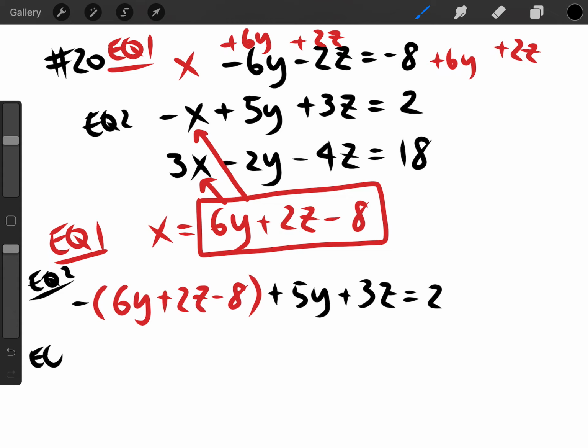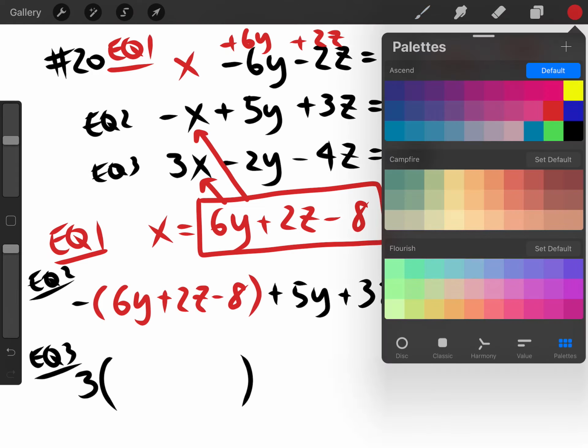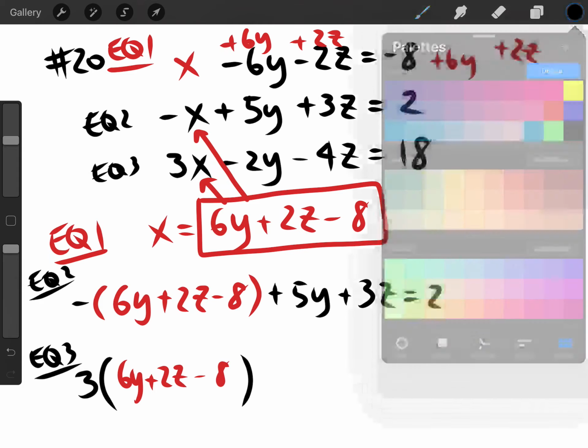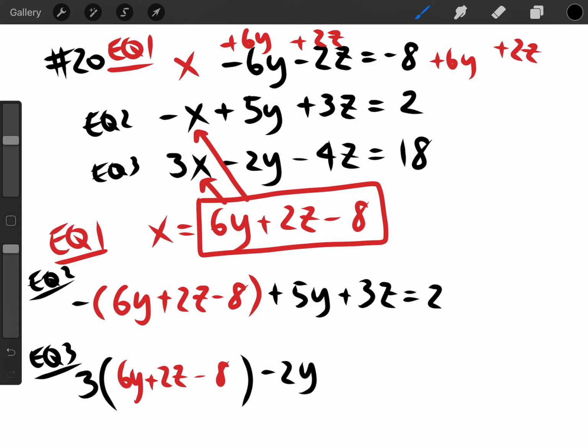For equation number 3, you're going to plug it into the x in equation number 3. So the 3 is going to remain there, and then you can insert that 6y plus 2z minus 8. You're going to substitute it into the x and then rewrite the rest.